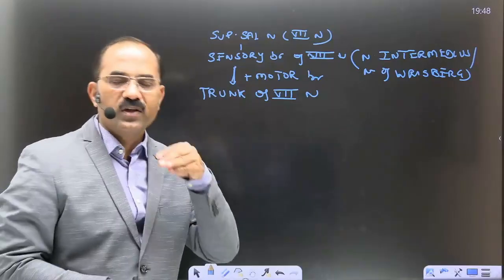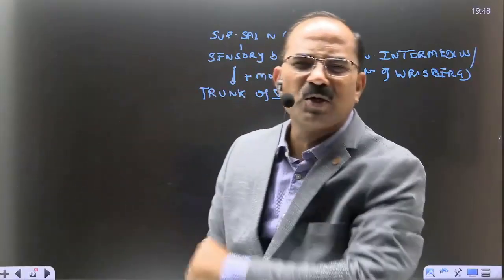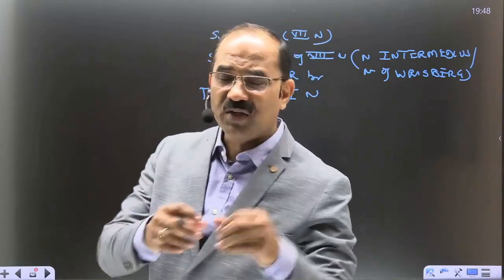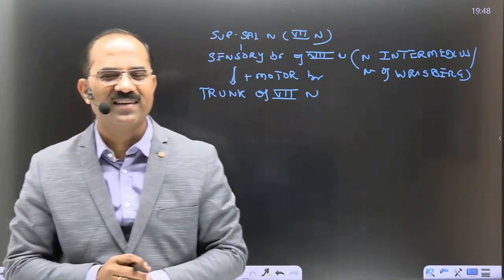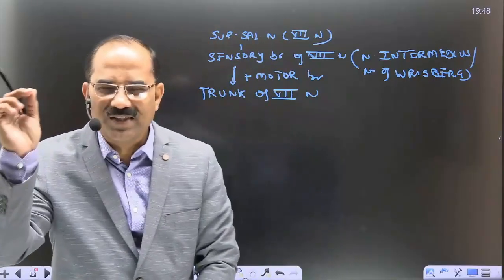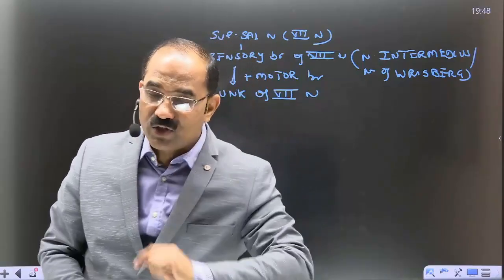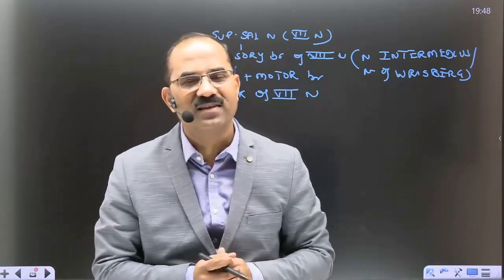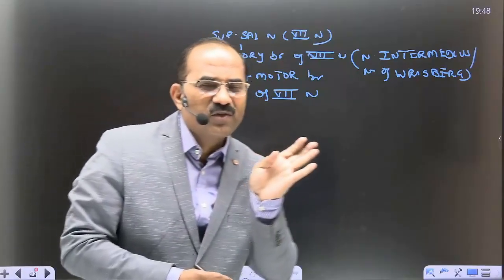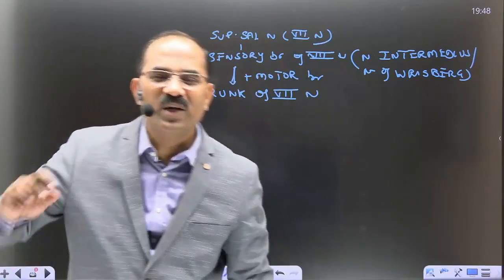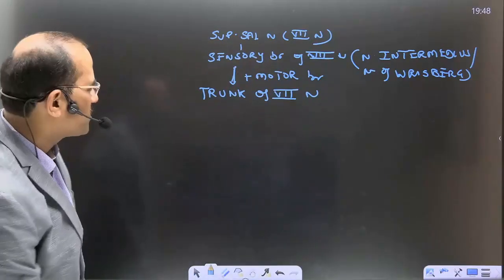Now this facial nerve enters into a foramen. Come on, students. The facial nerve is entering into a foramen of the skull. Internal acoustic meatus. And when it enters the internal acoustic meatus, it enters into the internal ear. From the internal ear, the facial nerve comes in the middle ear. It undergoes a bend. And what is this bend known as?